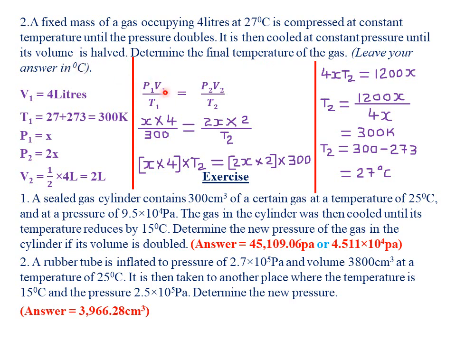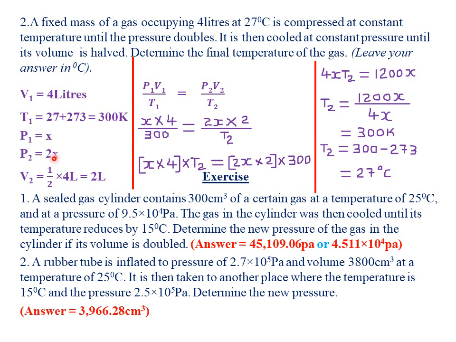So we'll just use the combined gas equation or the ideal gas equation, which is P1 V1 over T1 must be equal to P2 V2 over T2. So our P1, that is the initial pressure, we let it be x, so that will be x. Our V1 is 4 liters, then divided by our T1, which was 300 Kelvin, is equal to P2, our second pressure, which is double the initial pressure, 2x, because our initial pressure was x.